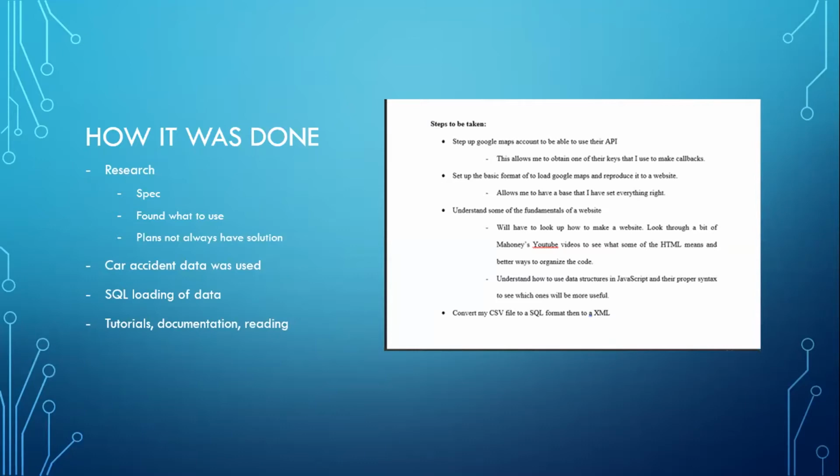What helped out was planning on where I would get certain information, such as YouTube channels, documentations, such from PHP. I used some playbacks from Professor Mahoney for JavaScript information, and from MariaDB to understand how to get the data to go to where I needed it to be.